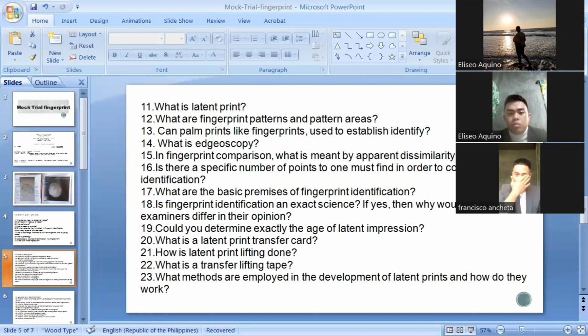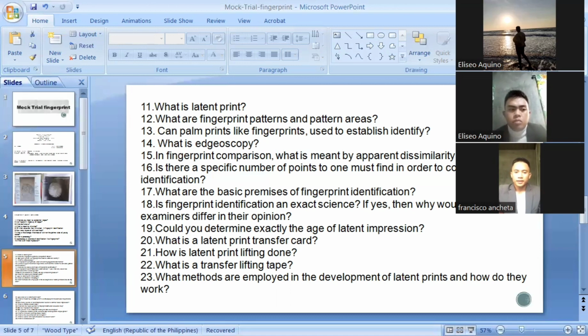Next, how is latent print lifting done? This is done by coating fingerprints with powder, lifting them, and then taking them to the forensic lab where they are compared to fingerprints in the database. Next is, what is transfer lifting tape?